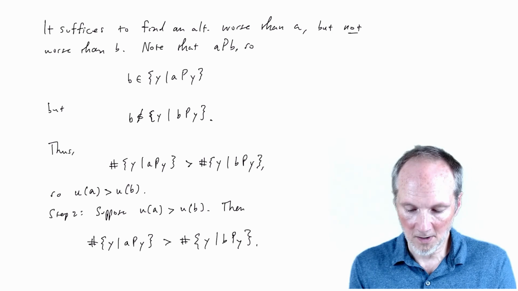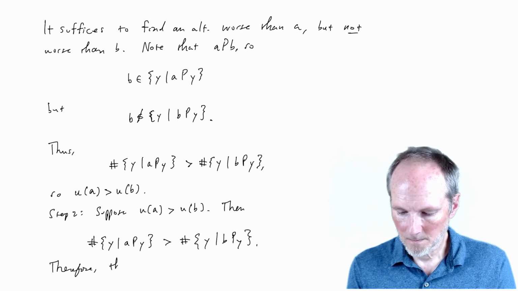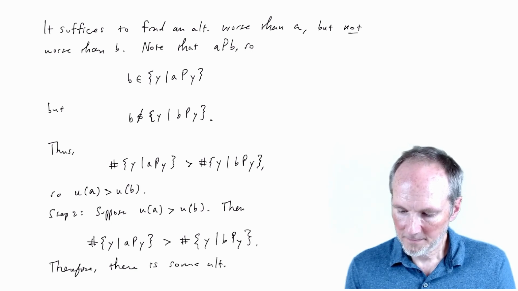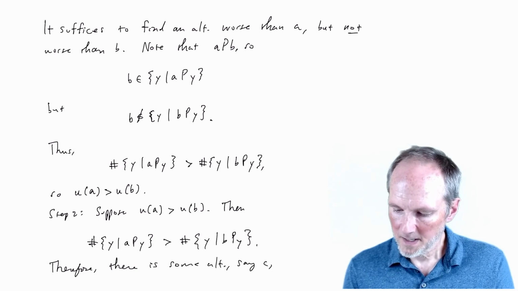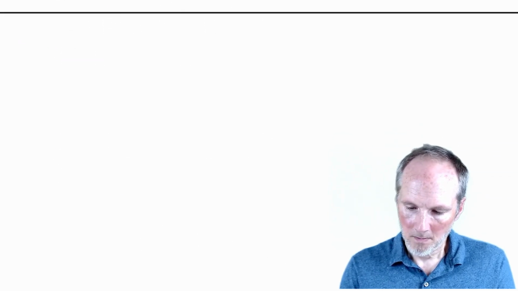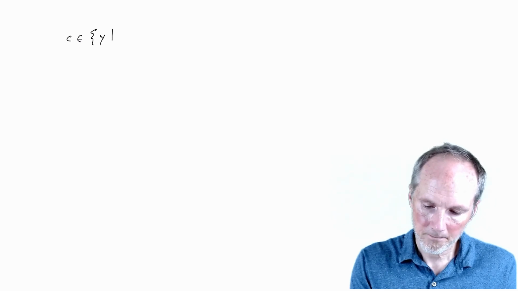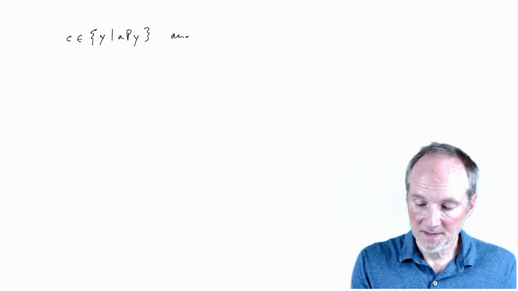Okay, so let's call that C. So there's some alternative, let's just give the name C, such that C is in the first set, so it's worse than A. But it's not in the second set.